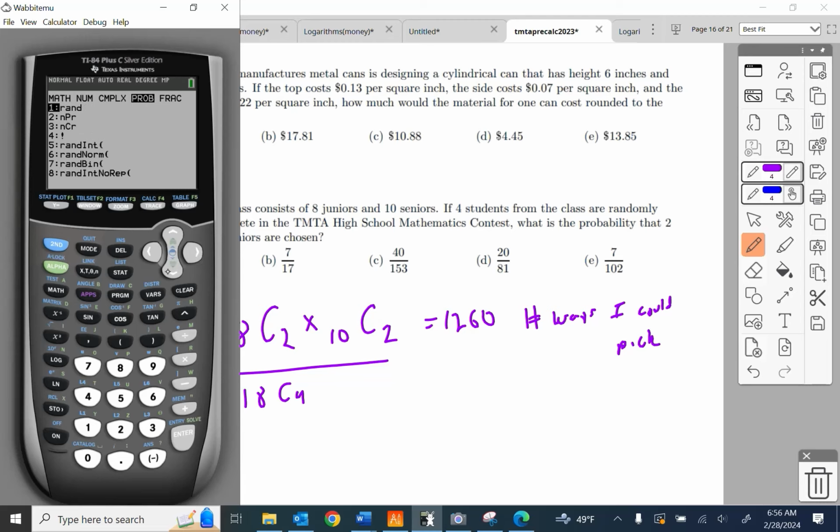Combinations have always bothered me a little bit, probably because I don't have any formal instruction in them. 3060. Yeah, I don't like. Let's see what 1260 over 3060 is.